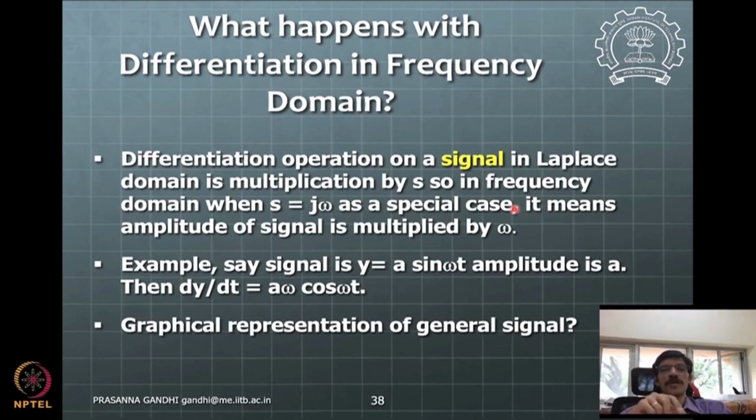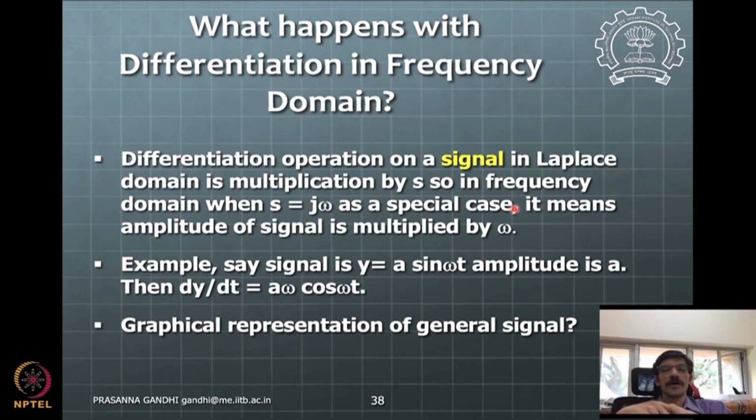F of j omega is nothing but our signal content. So if the signal content is F of j omega, then the signal content for the differentiated version would be j omega times F of j omega.